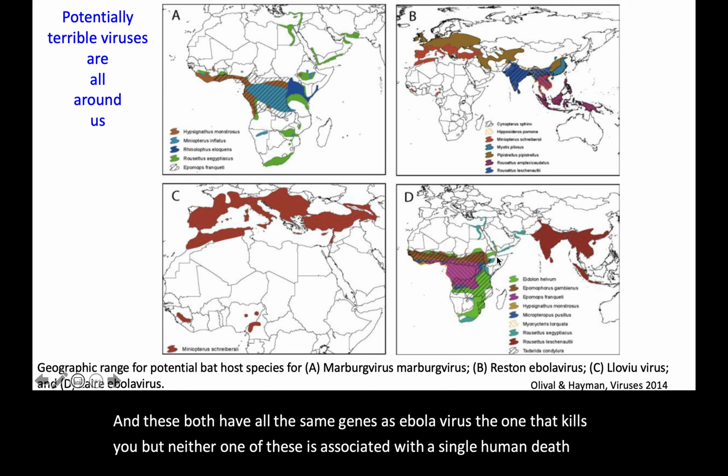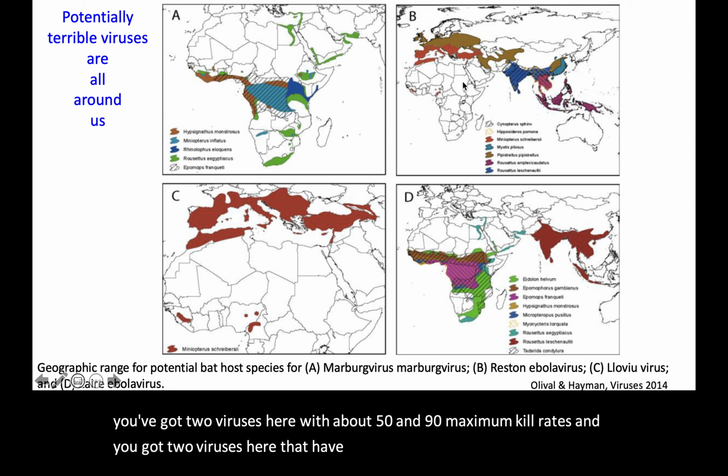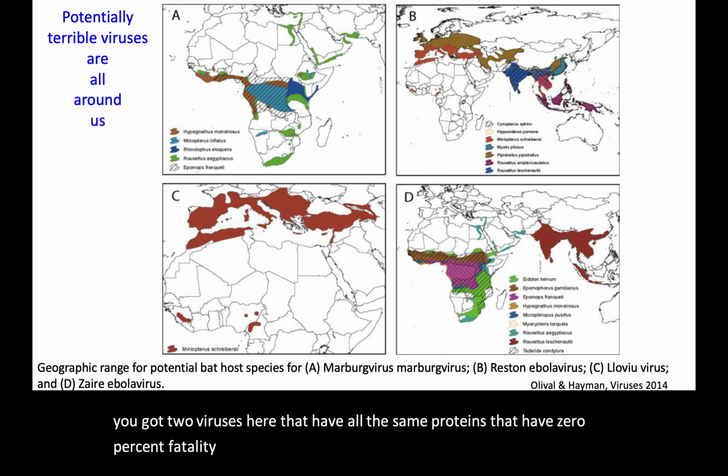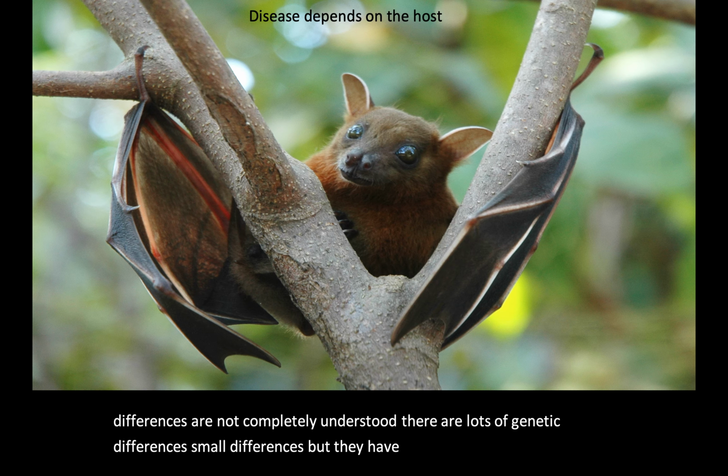So you've got two viruses here with about 50% and 90% maximum kill rates, and you've got two viruses here that have all the same proteins that have 0% fatality rate. So there are differences between these things, and the differences are not completely understood. There are lots of genetic differences, small differences, but they have all the same proteins.